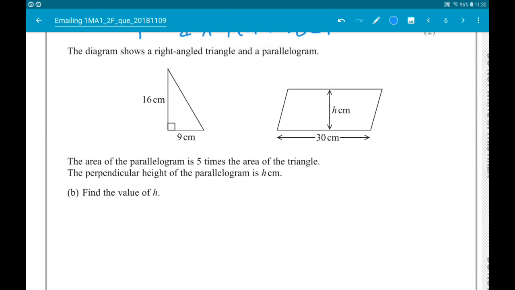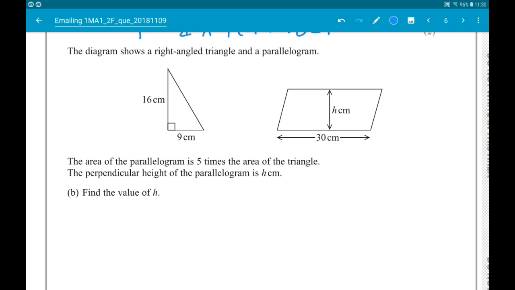Okay, so down here then the diagram shows a right-angled triangle and a parallelogram. We are told the area of the parallelogram is 5 times the area of the triangle. The perpendicular height of the parallelogram is h centimeters.